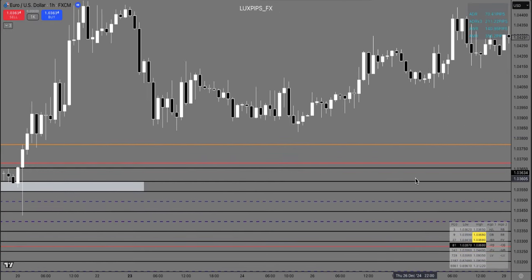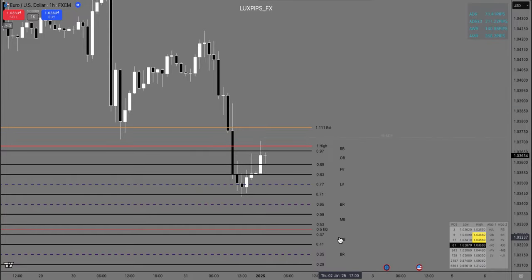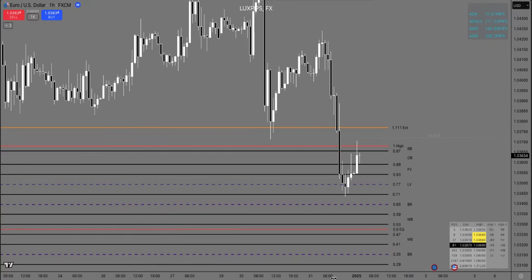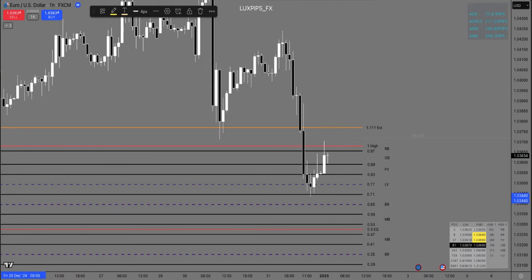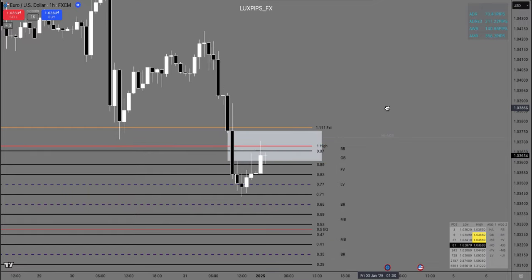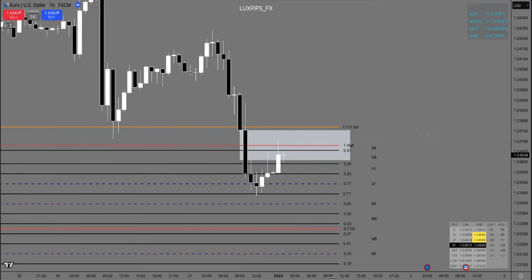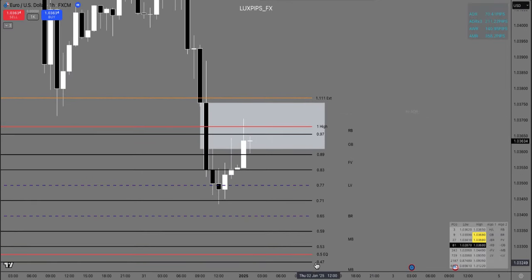So let's change over to a valid bias change, which is here. Remembering the context a little bit, we have relative equal lows over here, right? Here, there is a CV coupled with the Goldbach high. Zoom in a little bit more.